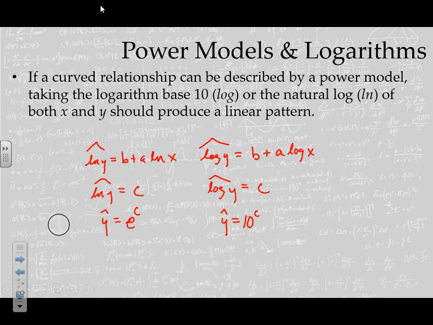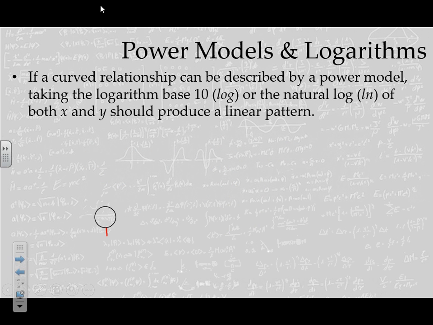Now, the other thing that happens here, if log of both doesn't work, okay? A lot of times, especially if you get a graph that looks something like this, and the log of both doesn't really straighten it out, doesn't get it to where you want it to be, sometimes taking just the log of x will work as well.